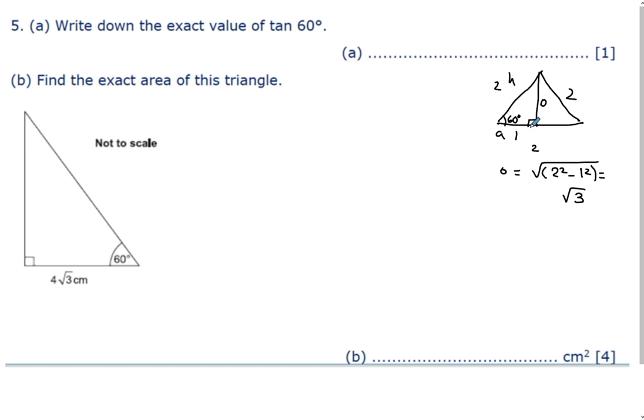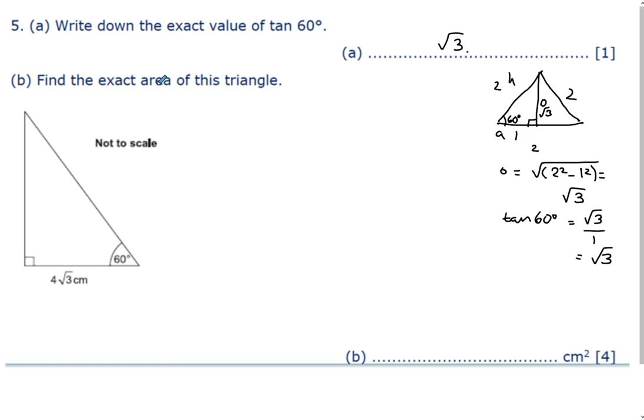Okay, so the tan of 60 is O over A, which is surd 3 over 1, which is just surd 3.